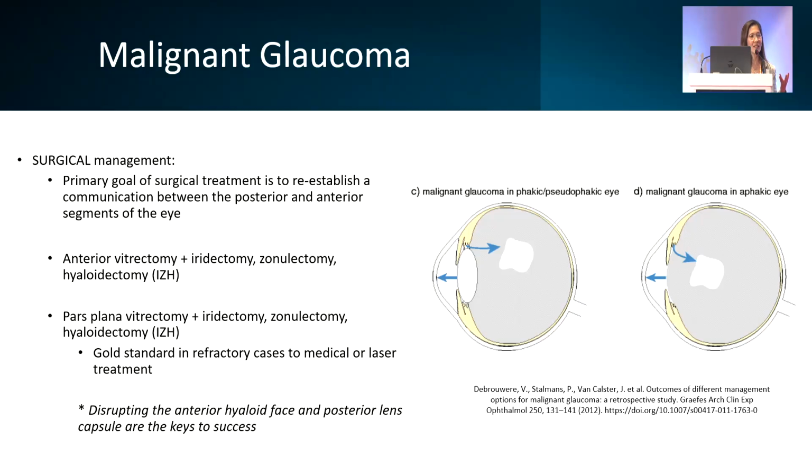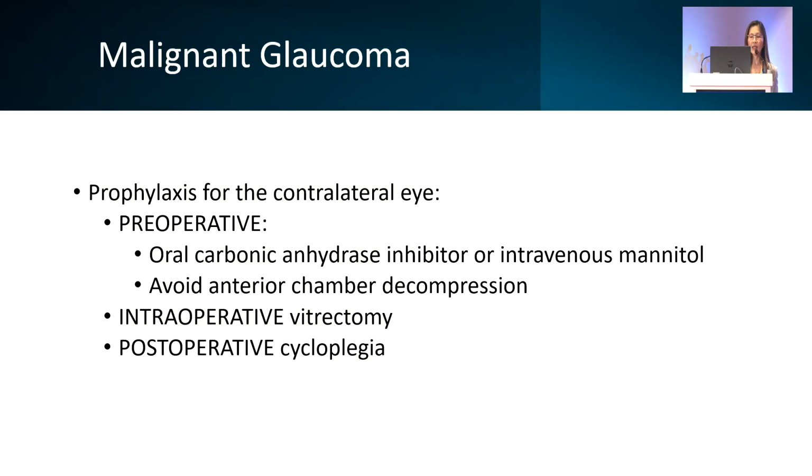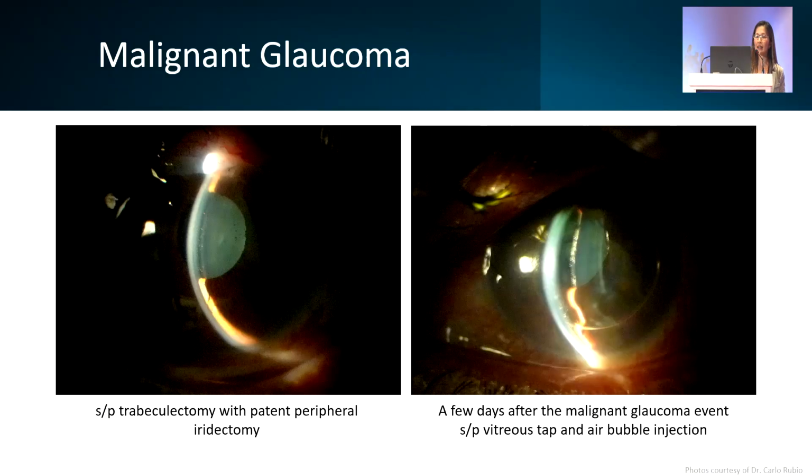But studies have shown that complete pars plana vitrectomy, iridectomy, zonulectomy, hyaloidectomy, and capsulectomy give the best results. Don't forget to manage also the contralateral eye. Prophylactic measures should also be done in the other eye as well.